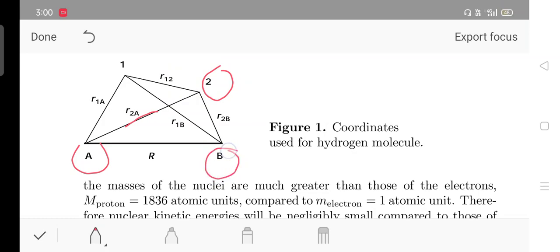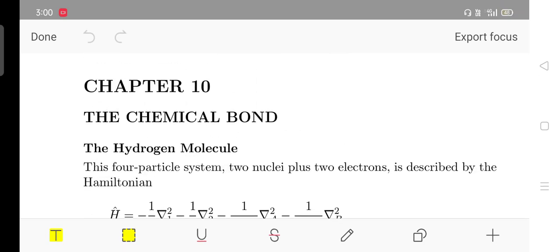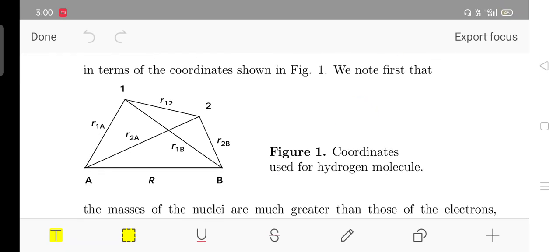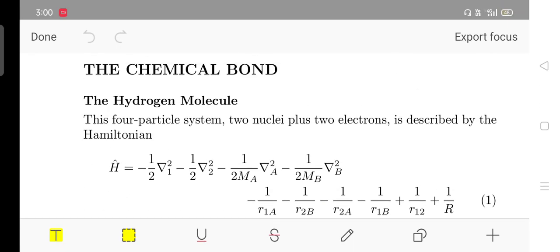The distance between the second nucleus B and the first electron is RB1. So the whole thing is the hydrogen molecule. The hydrogen molecule has four particles: two electrons and two nuclei.